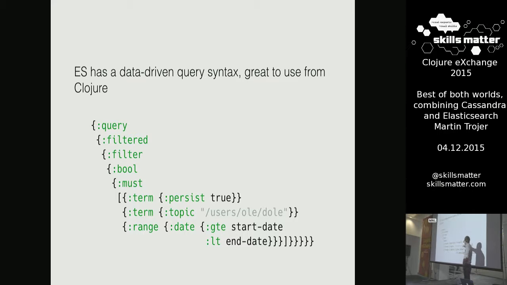We're looking for this topic, and we're looking in this date range, right? And there's another little flag, but we're only going to look at stuff that we actually persisted. And the beauty of this is now you can use all your Clojure friends to build these queries. You know, map and mapcat and concat and keep and filter and all this. These are your friends now, so you can do that in your code, and you can do it in the REPL as well. It's really nice.